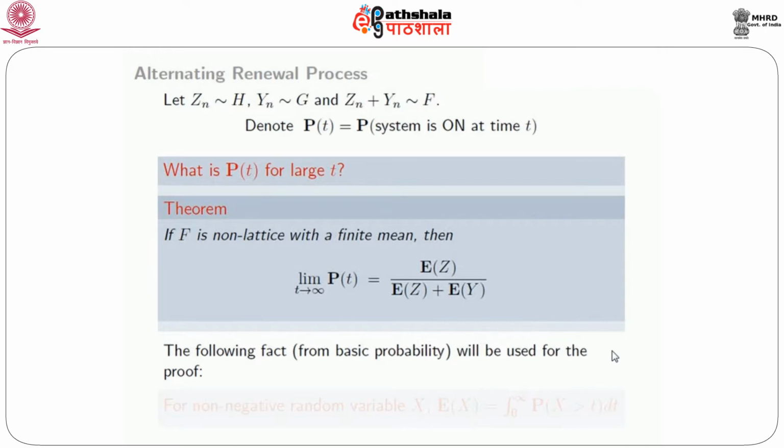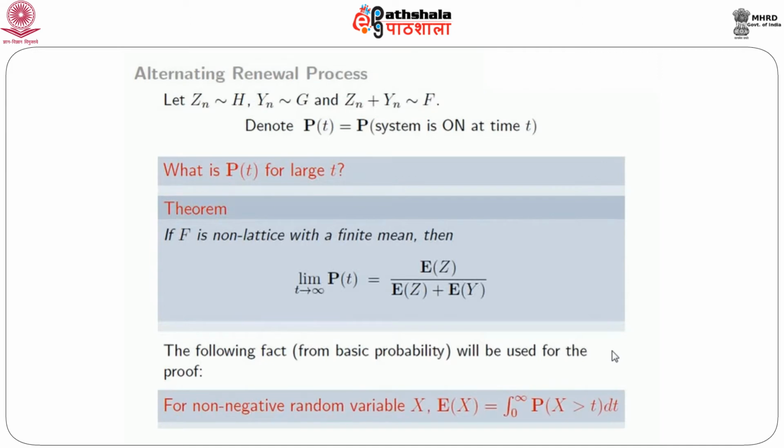We have already used a special form of this for non-negative integer valued random variables, but in general for a non-negative random variable, not necessarily integer valued, even continuous it could be, here's an alternative formula for the expected value of X: you look at the tail probability, the probability X greater than t, for all t from 0 to infinity, integrate this with respect to dt, and that also gives you the expected value of X. It doesn't matter whether X has finite expectation or not. In case X doesn't have finite expectation, this integral would be infinite.